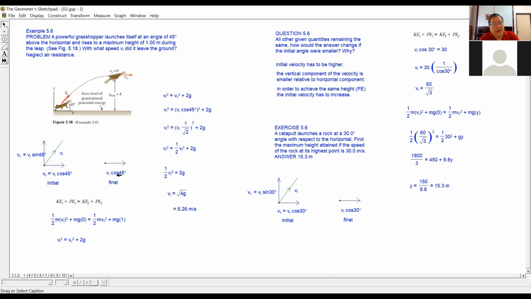So we don't have to consider the conservation of energy for the horizontal component, because there's no change in potential energy. So we are going to apply this conservation of energy equation on the vertical component only.